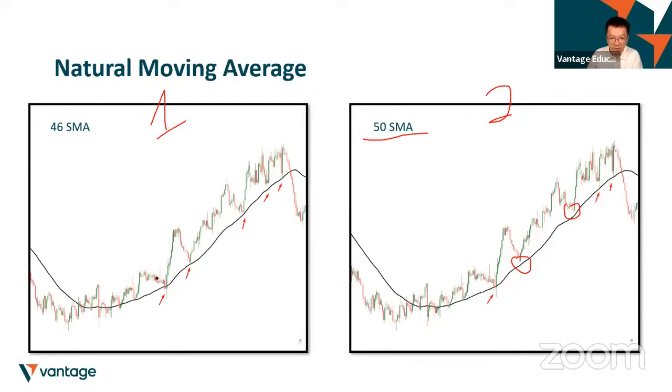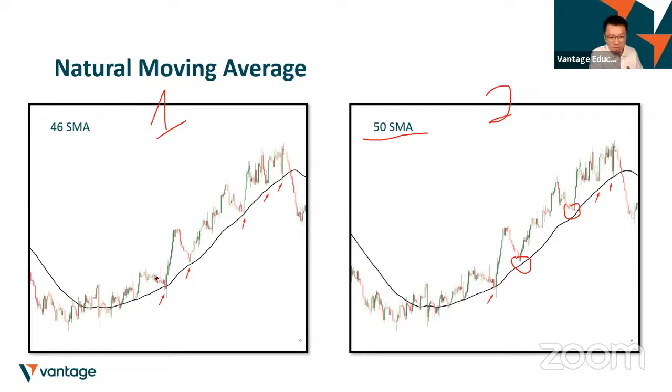So instead of considering 50 points before that candle, we've tweaked the simple moving average to consider 46 points before that candle. Why 46? That's what we actually found. We tweaked it and found that.